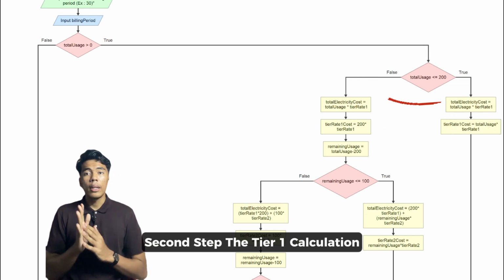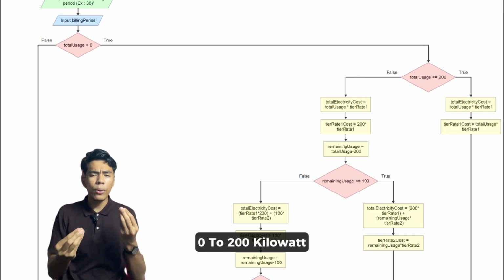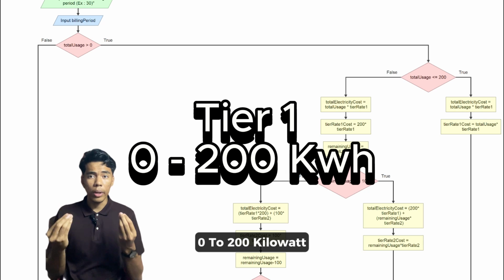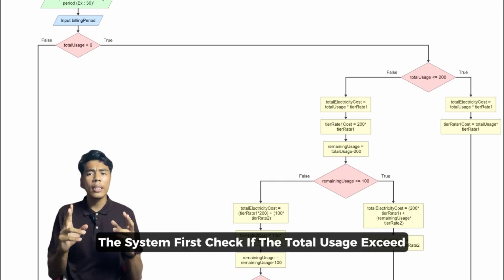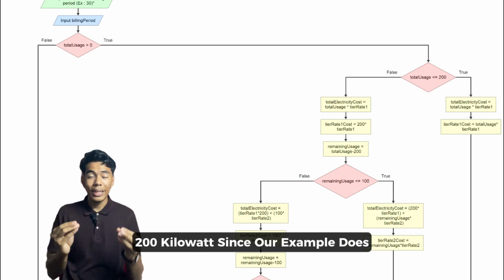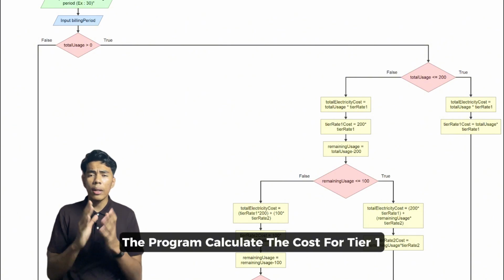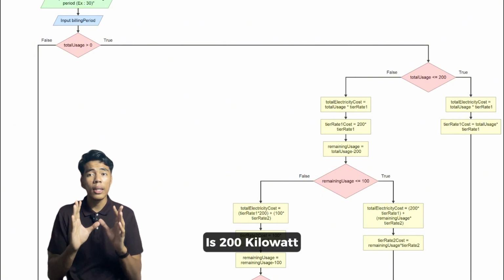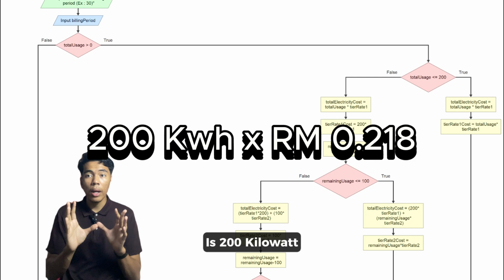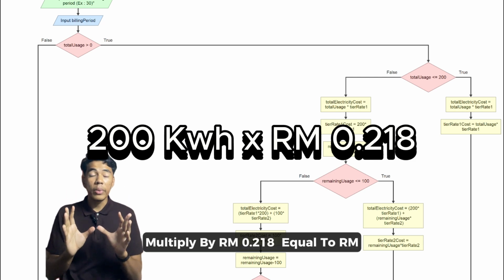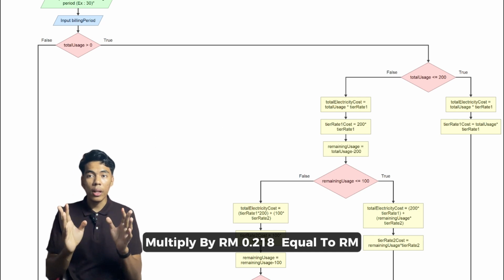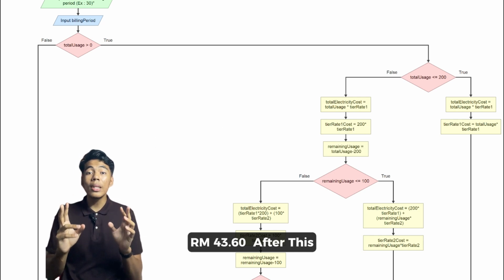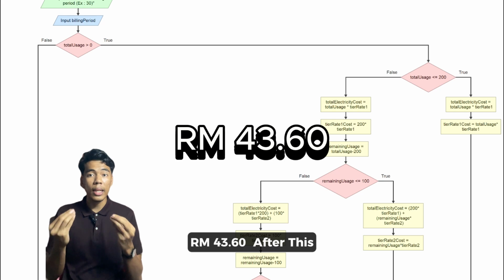Second step, the tier 1 calculation, 0 to 200 kilowatt. The system first checks if the total usage exceeds 200 kilowatt. Since our example does, the program calculates the cost for tier 1 as 200 kilowatt multiplied by RM 0.218 equal to RM 43.60.